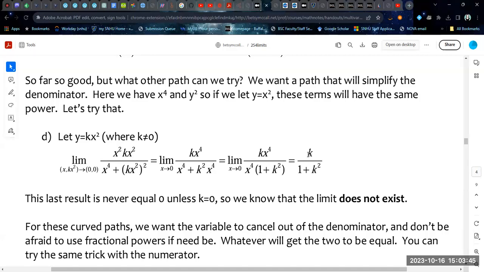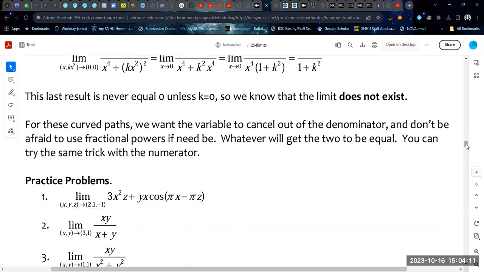But if you let k equal anything else, you don't. If k is 1, then you get 1/2. And if k is 2, you get 2/5, and so forth. So because there's still a k left, and that can change based on the type of parabola we're using to approach the origin, we know that the limit doesn't exist.